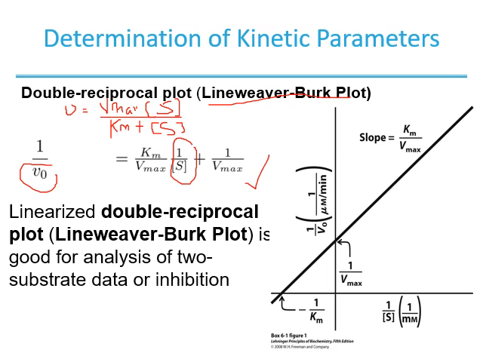So this is the slope, and then this one is the value of 1 over Vmax. Alright, so this is the Lineweaver-Burk plot.